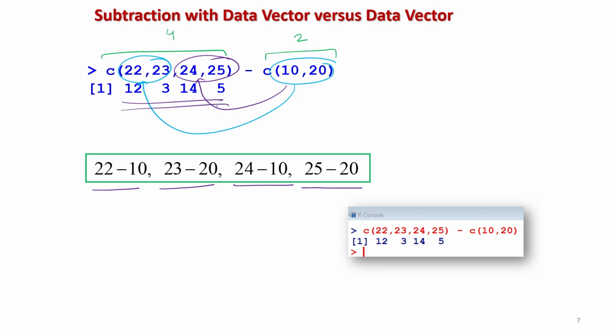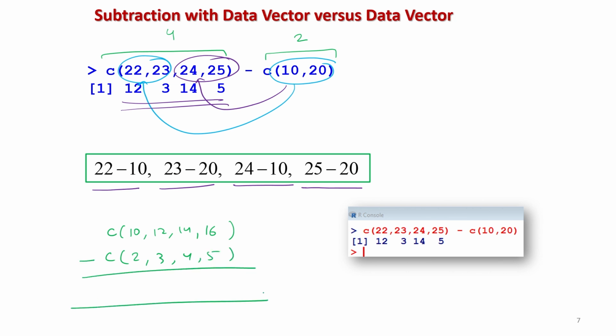So that is straightforward. And as I told you in the case of addition, if I take two data vectors of the same length, suppose c(10, 12, 14, 16) and another data vector c(2, 3, 4, 5), and I subtract them, then the subtraction will be done at the respective positions.